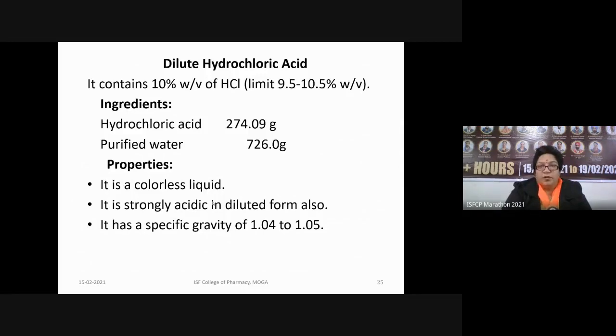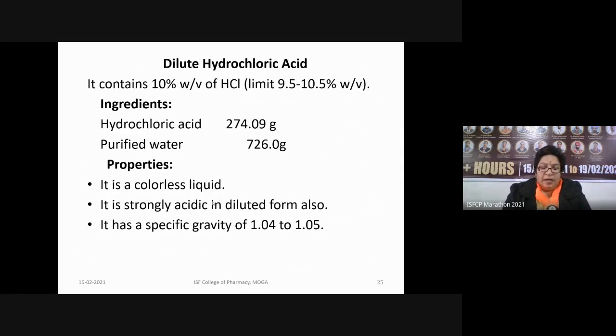These are the two synonyms which are used for hydrochloric acid. Basically, what is hydrochloric acid? It is a gas, and the hydrochloric acid, what we see in liquid form in your laboratories, it is 35 to 38% of the hydrochloric gas that is dissolved so as to carry out the laboratory tests or whatever the requirement is there.